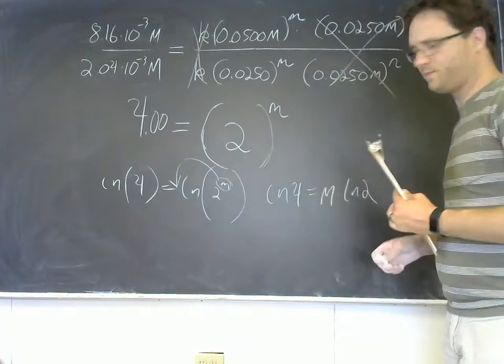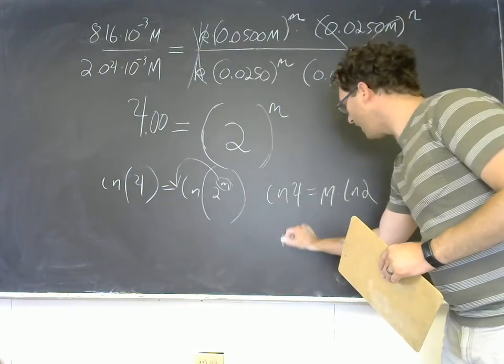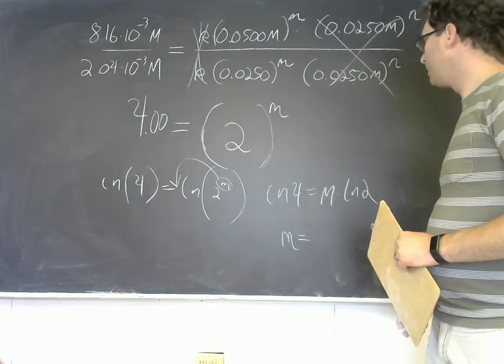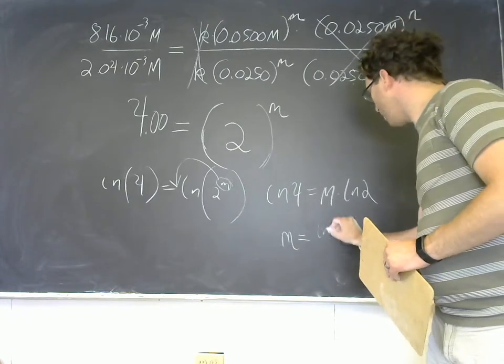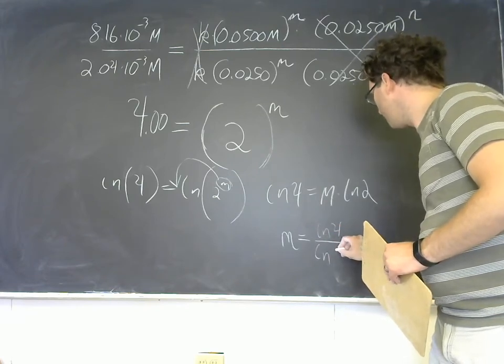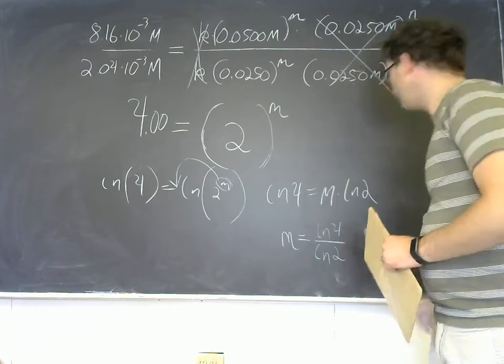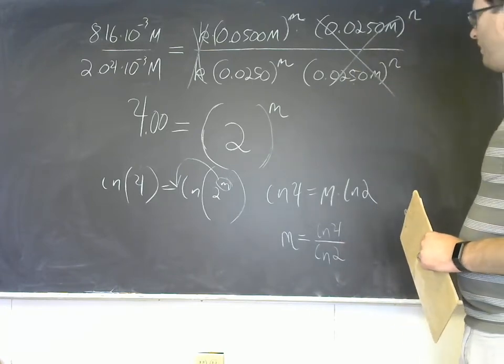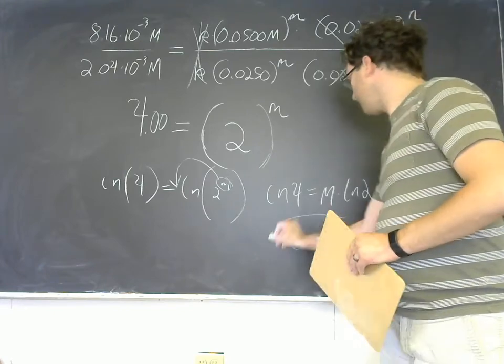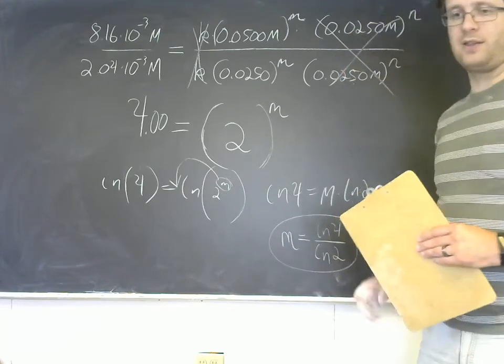Okay. Then we can rearrange this so that m, our unknown exponent, is going to equal the natural log of 4 divided by the natural log of 2. Is that right? Have I done it all right? I believe so. And we'd be able to calculate the value of m that way.